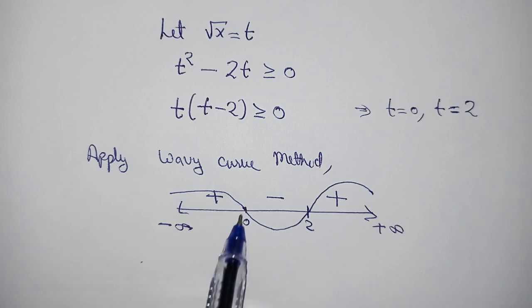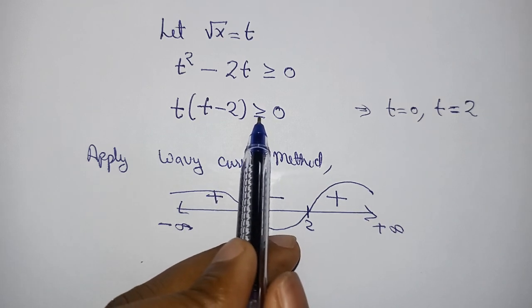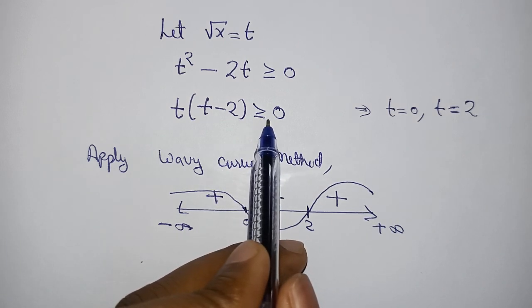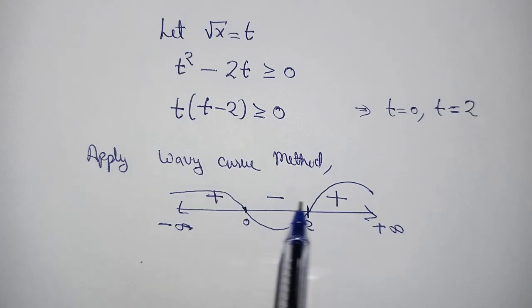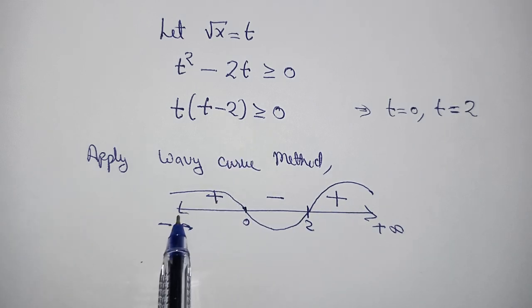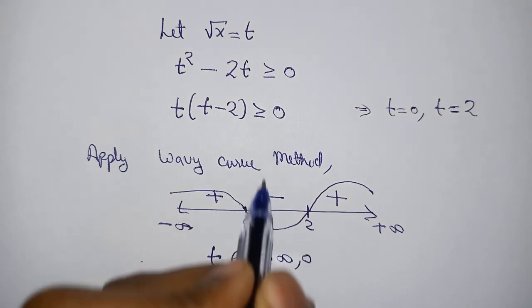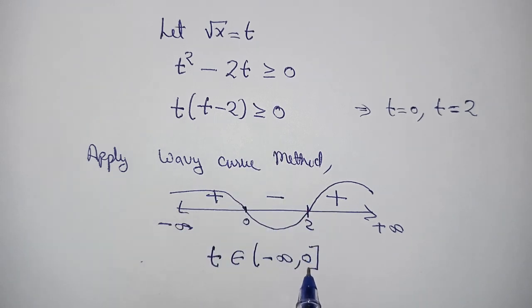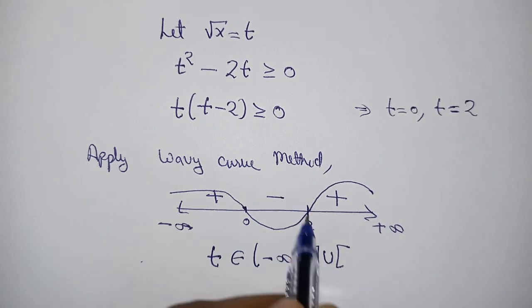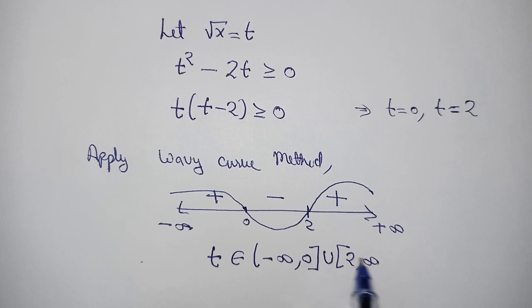Now it says that we only take the values which are greater than or equal to 0, so only positive values will be there. Positive values lie in this part and in this part. That means t will belong to minus infinity to 0, and we can take 0 inside this interval because equality is there, union 2 to infinity, and we take 2 inside because equality is there.